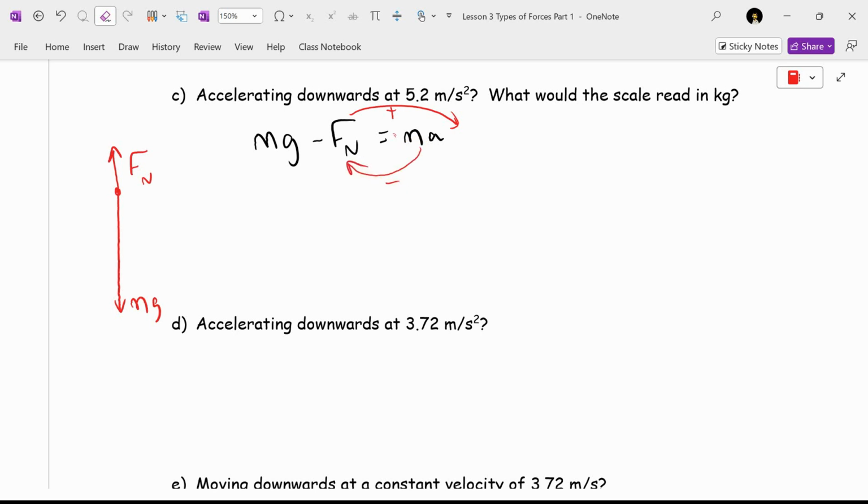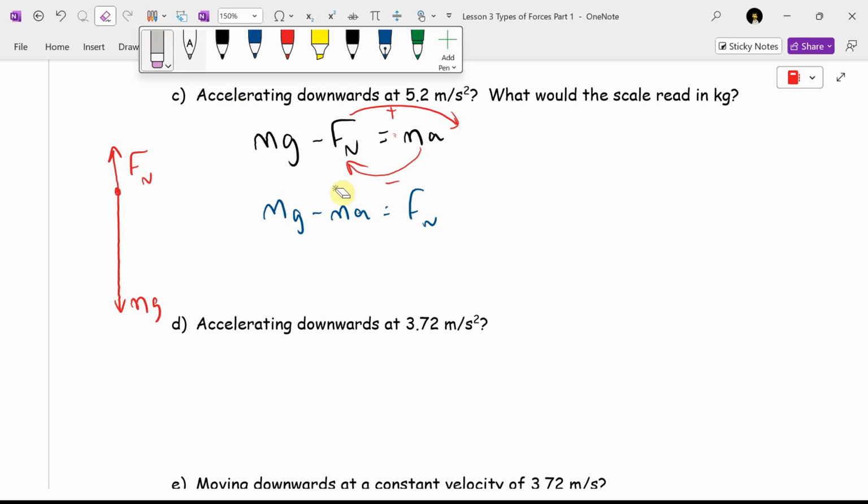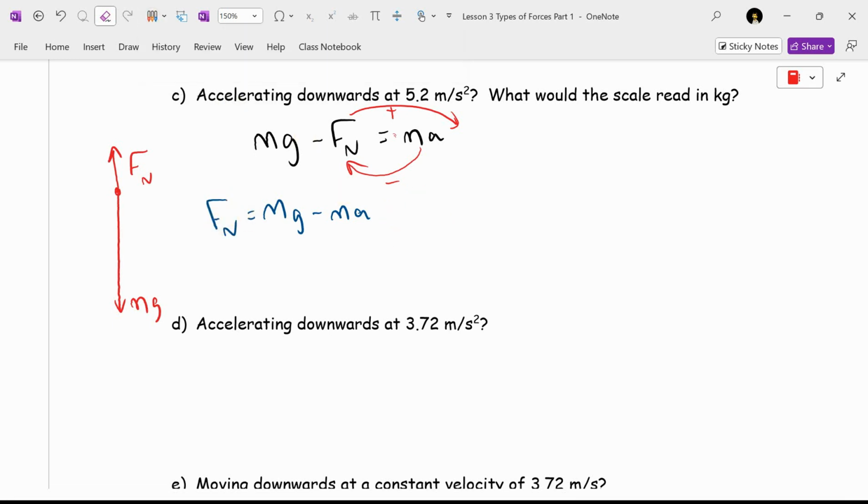My students a few years ago nicknamed this little move, where we plus the term to one side and minus the other term over, the swappy dance. They said, Mr. Dueck, the mg drops down, but then the ma and the Fn swap places, except instead of putting equals Fn, let's put Fn equals over here where we're used to seeing the thing by itself. But yeah, they swap places. And now we're good to go.